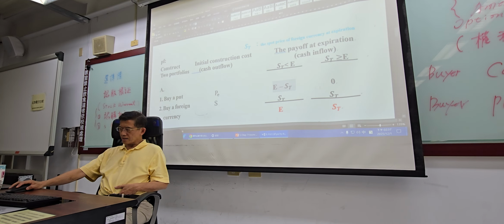And then the second part of portfolio A, buying a foreign currency.